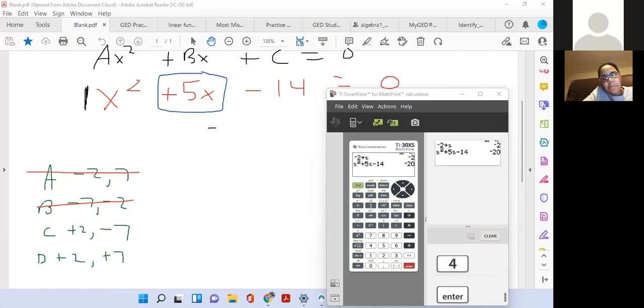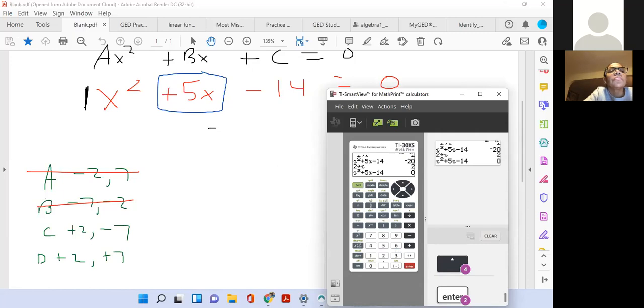Yes. Okay, now we go to the next value of x, a positive 2. Again, we're going to do the same thing. 2, store x. Press enter. We're now going to go back up to our quadratic equation. We can press enter and let's see if we get 0. Yes, we do. So right there, I know positive 2 is a solution.